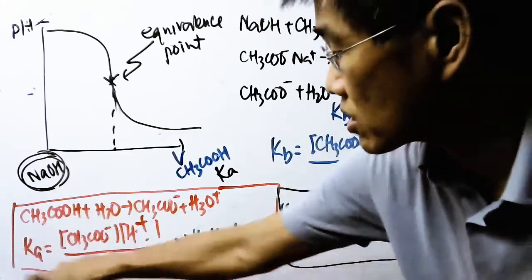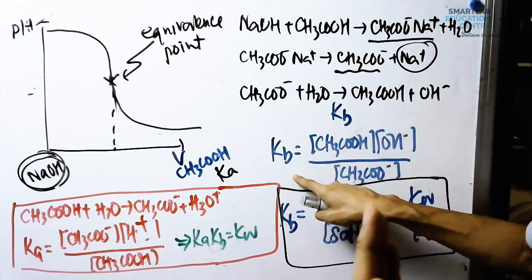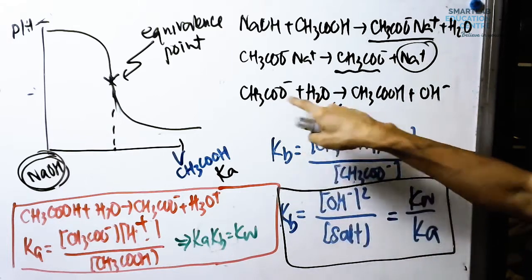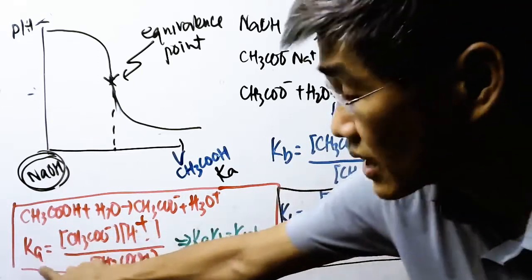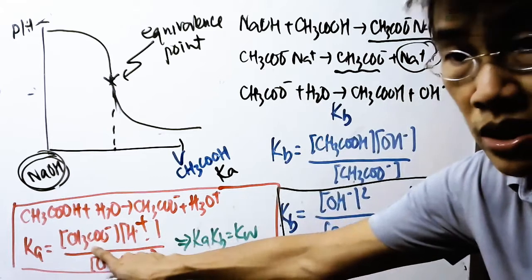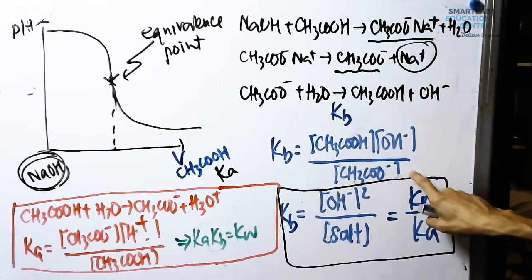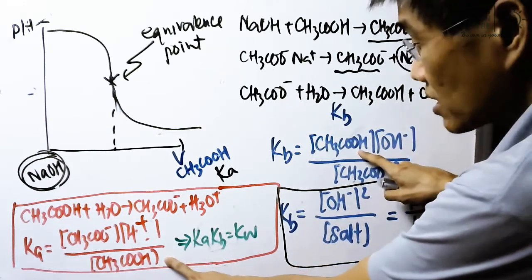If you look at this expression for Ka and this expression for Kb, which is the Kb expression for its conjugate base, in this case specifically CH3COO-, if this Kb and this Ka multiply together, you can see the CH3COO- at the top will cancel off the CH3COO- at the bottom. Similarly, the ethanoic acid will cancel each other.